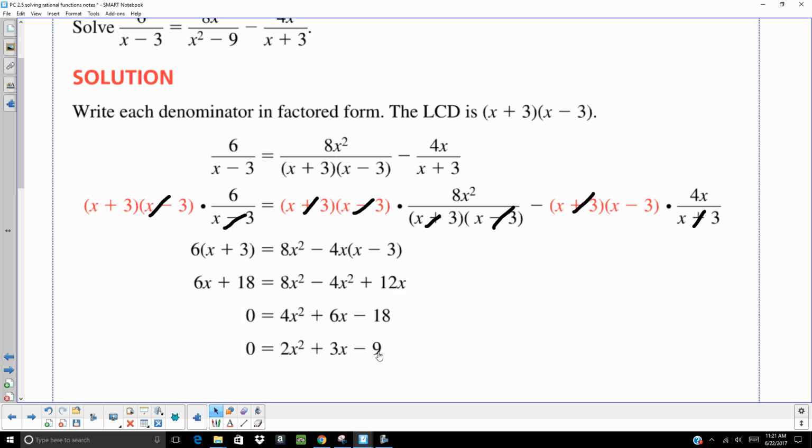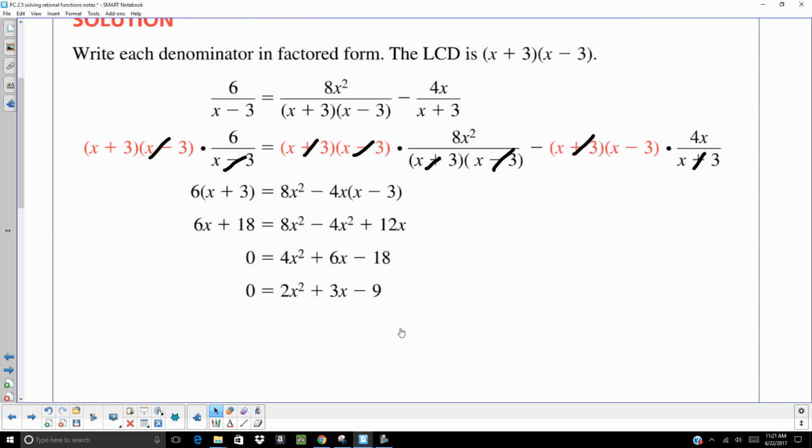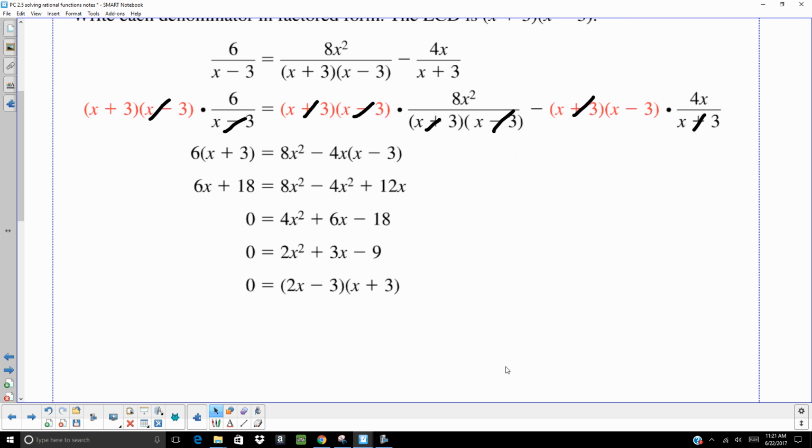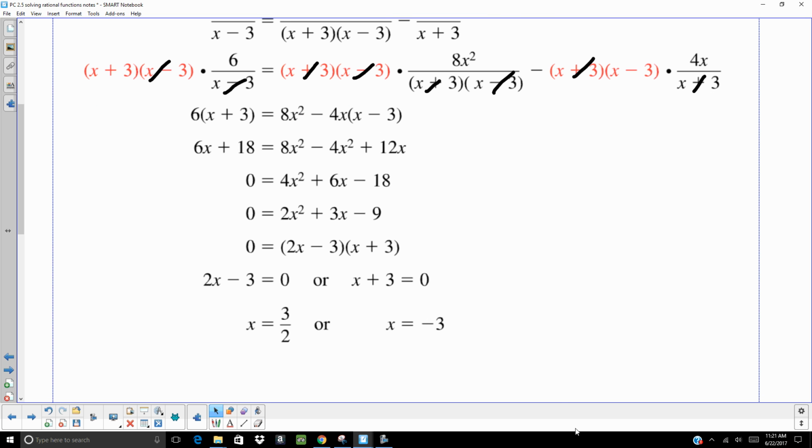It's not a necessary step, but it sure makes it easier when you are factoring. So now we factor, set each factor equal to 0. Solve, and you get x equals 3/2, x equals -3.